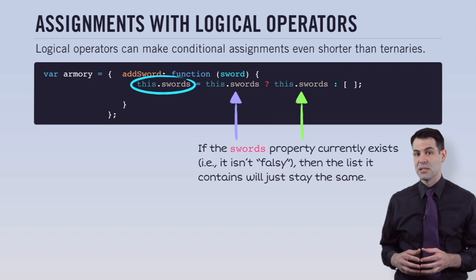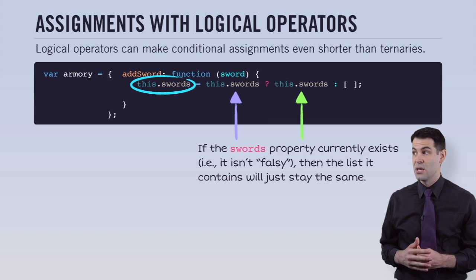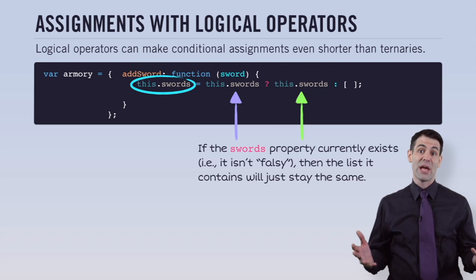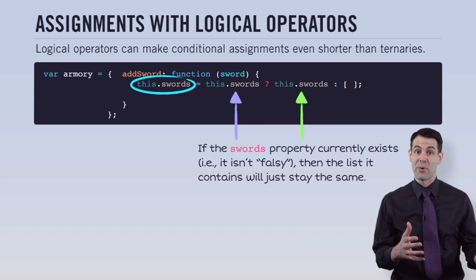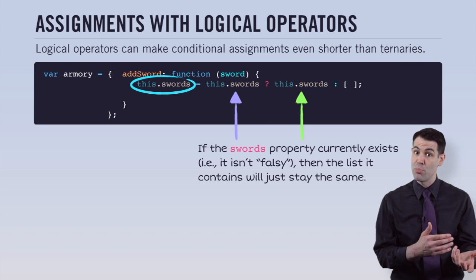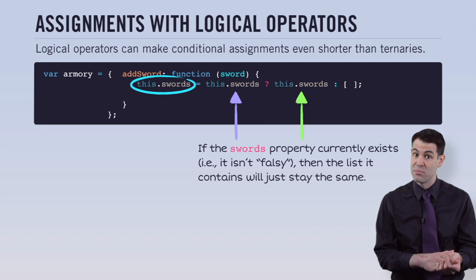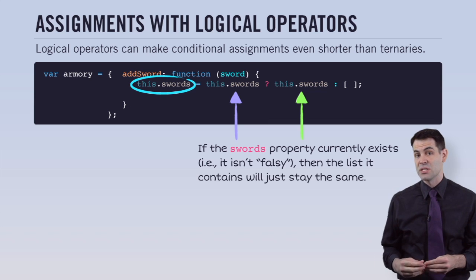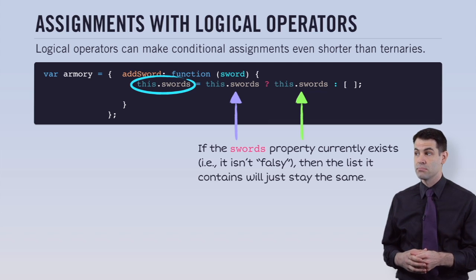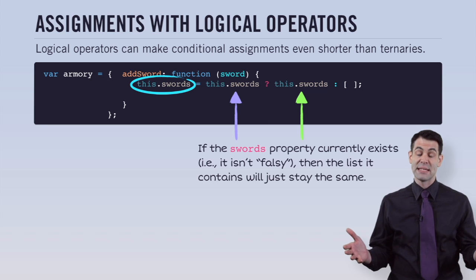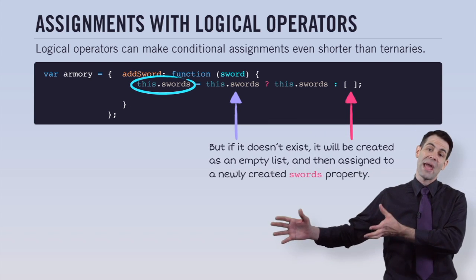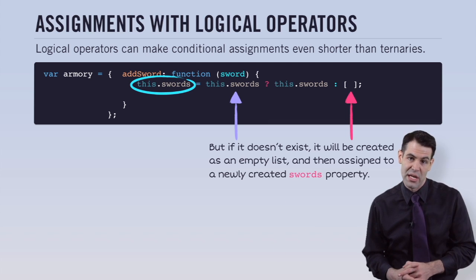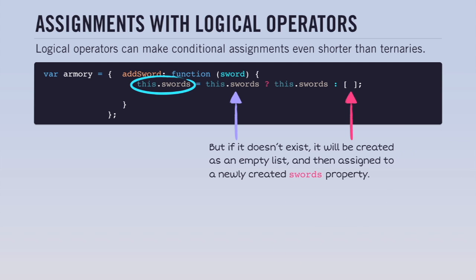On the right-hand side of the colon, meaning if the swords property does not exist, we're going to create a brand new empty array and pass it back to the swords property, thereby creating a new property if it did not exist before. So in other words, this first line is saying, does the swords property exist? If so, just go with that. If it doesn't, create a new empty array. That's what this ternary conditional is accomplishing for us.